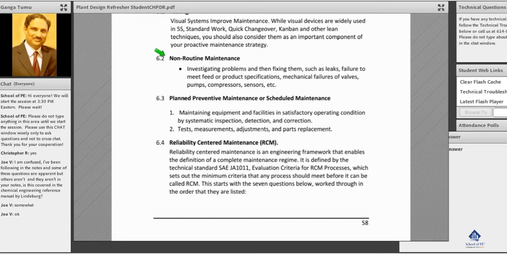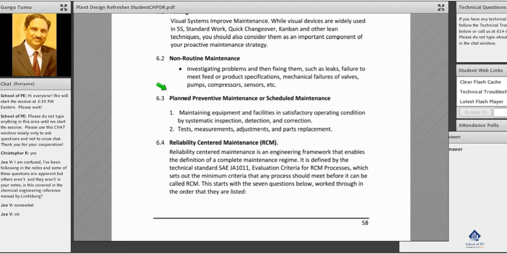Whenever there is a problem, it will be addressed and fixed. The operator or engineer or anybody else involved in the system who sees it will put in a work order and get it fixed.